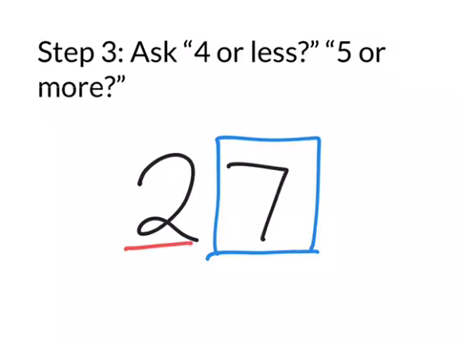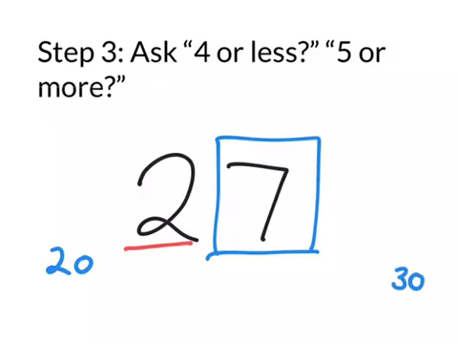Now, let's pretend that instead the number is actually 22. Well, then you would say that it's closer to 20. So whenever you're rounding, just try to think to yourself, what 2 tens is the number between? Well, 27 is going to be between 20 and 30.